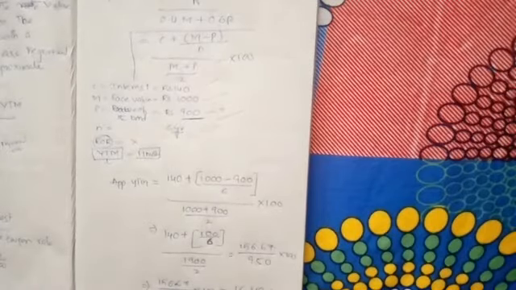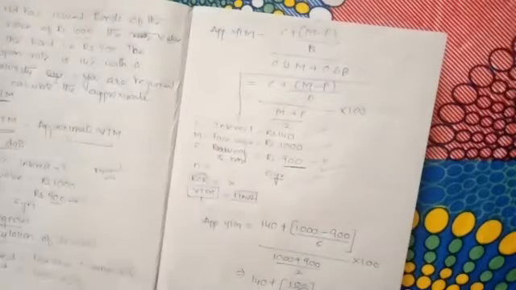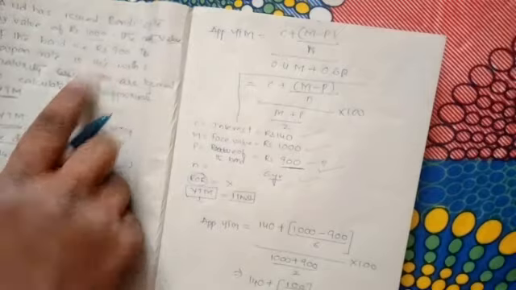Whatever amount you have invested, that is 1000 rupees, you got 16.49% returns on your investment. But the nominal return you are getting is 14%. But in real terms, you got 16.49.